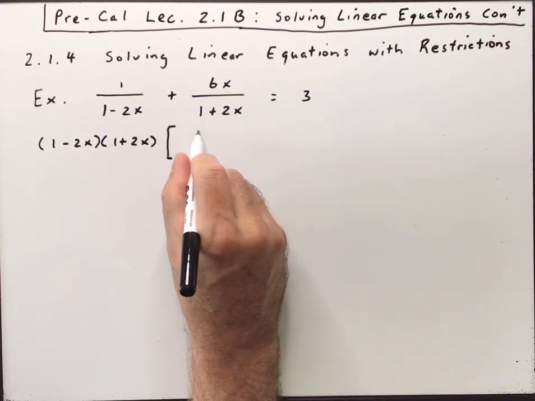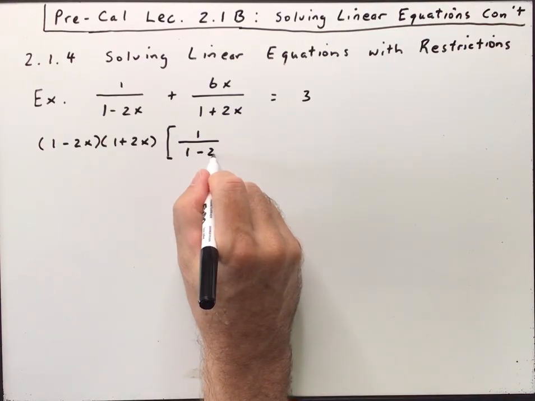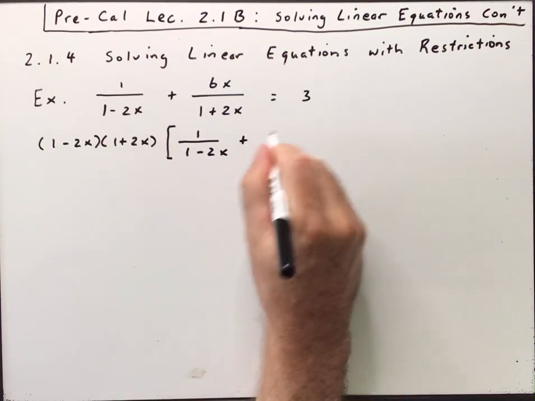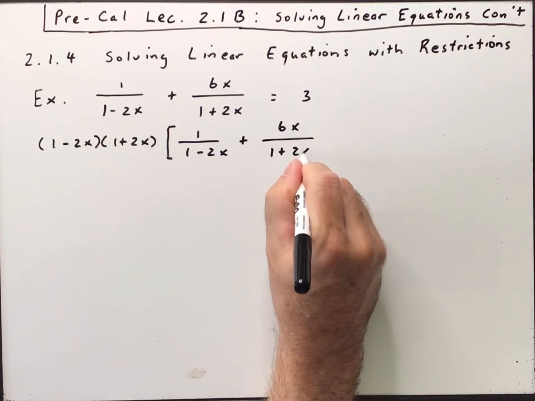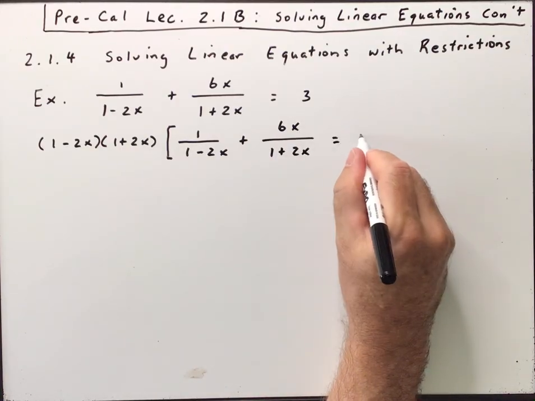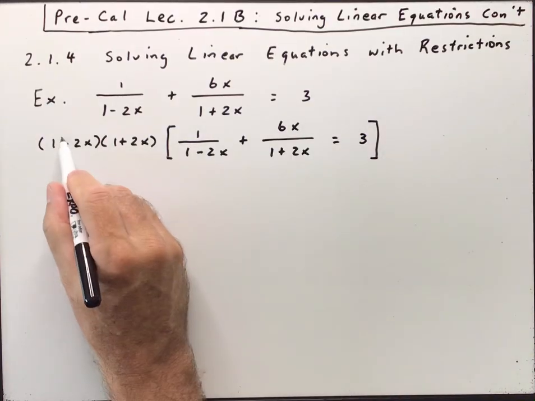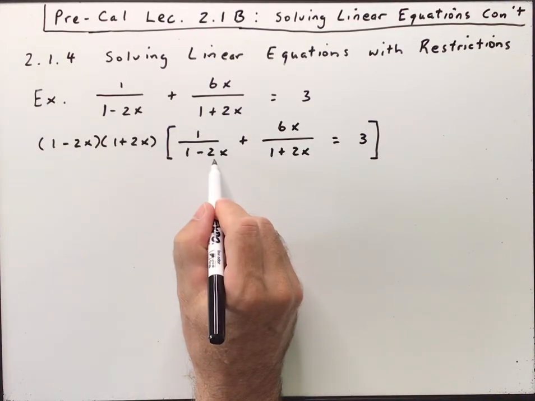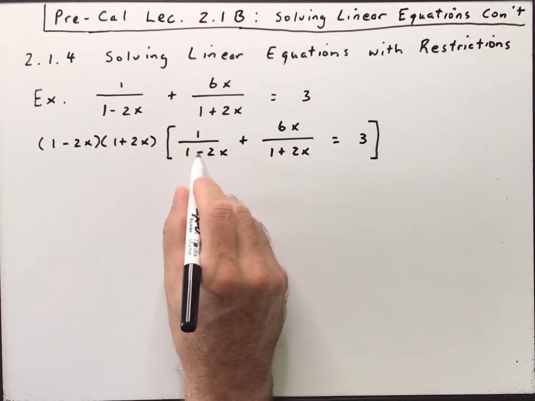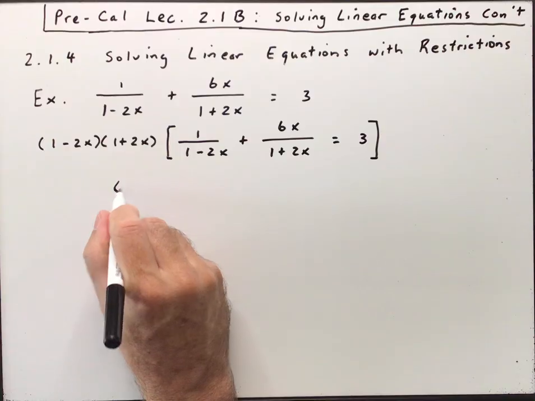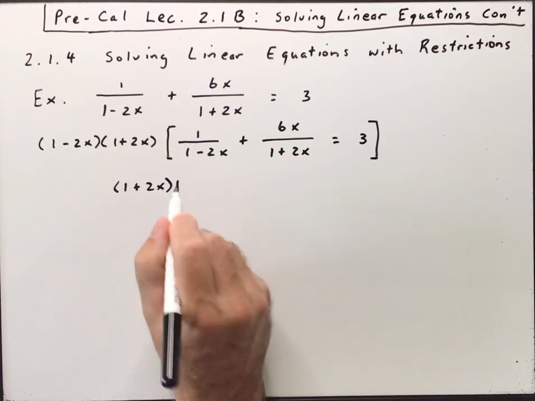So I'm going to rewrite the equation again: 1 over 1 minus 2x plus 6x over 1 plus 2x is equal to 3. The 1 minus 2x and 1 minus 2x cancel here, so what you are left with is 1 plus 2x times 1.